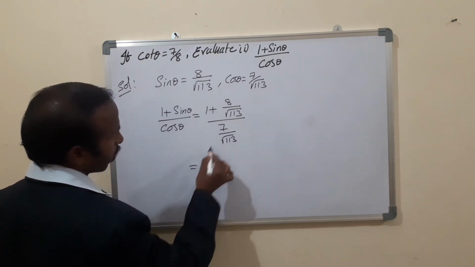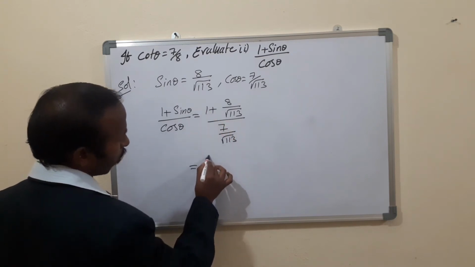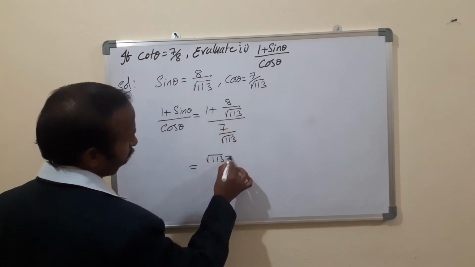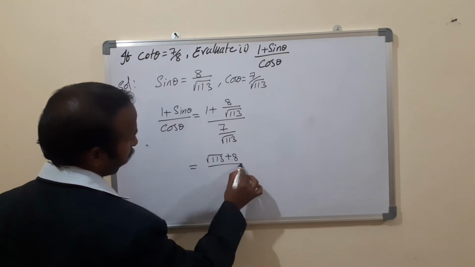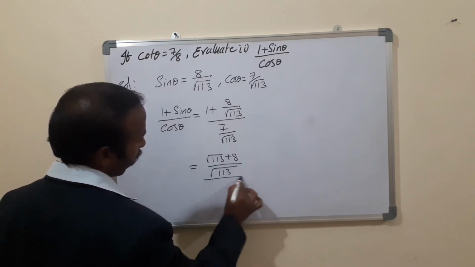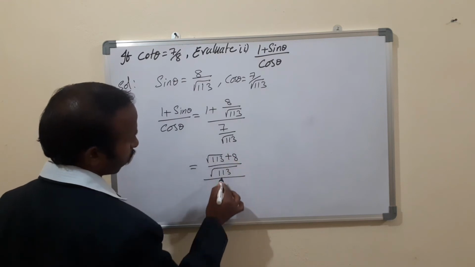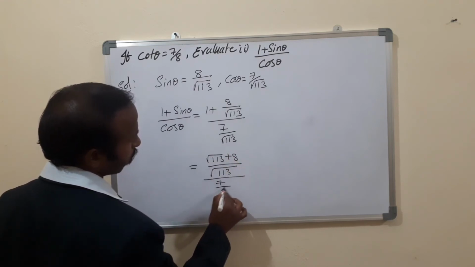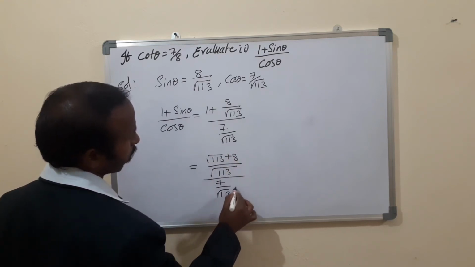Now see here, take the LCM. Square root of 113 plus 8 by square root of 113 by, what is this? 7 by square root of 113.